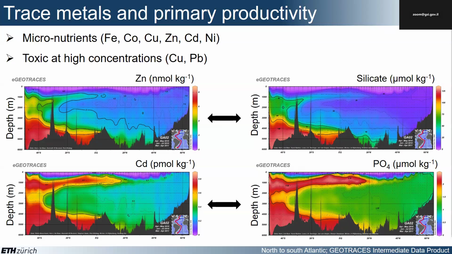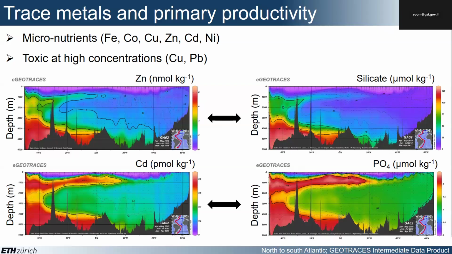For those of you who are not familiar with these kinds of graphs, these graphs in this case represent ocean transects. These specific figures represent a transect of a ship going from the North Atlantic to the South Atlantic. The x-axis in this case is latitude, the y-axis is depth, and the color represents concentrations.